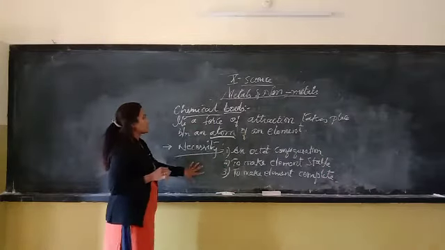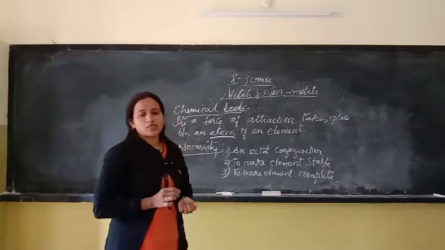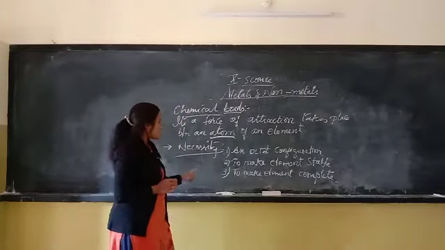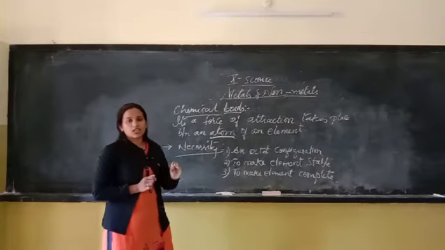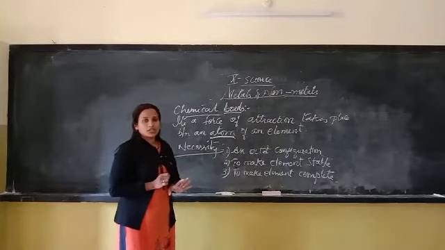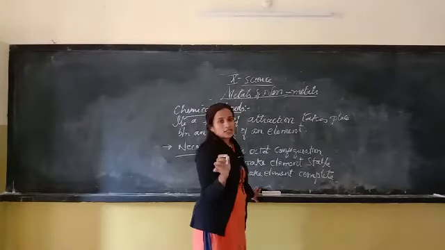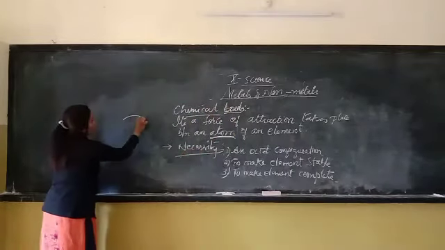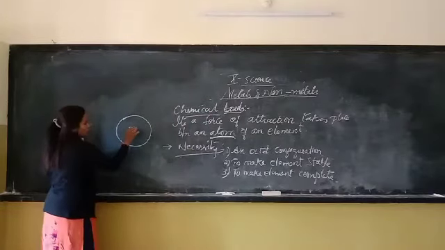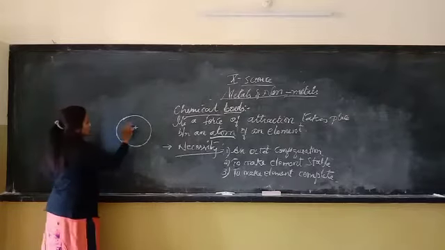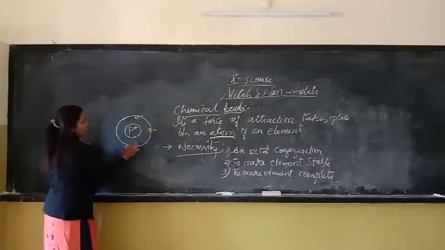What is the necessity of this chemical bond between the atoms? The first necessity is that it should have the octet configuration. Octet configuration means, as I told you in the structure of an atom, there is a positive proton at the center in the nucleus, and electrons revolve around it.